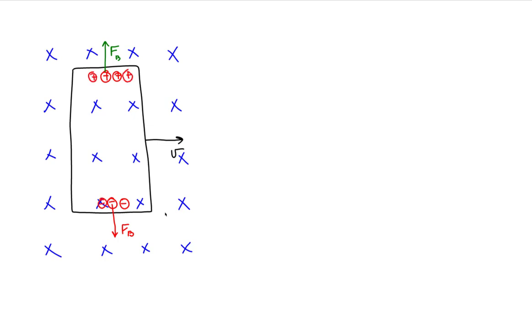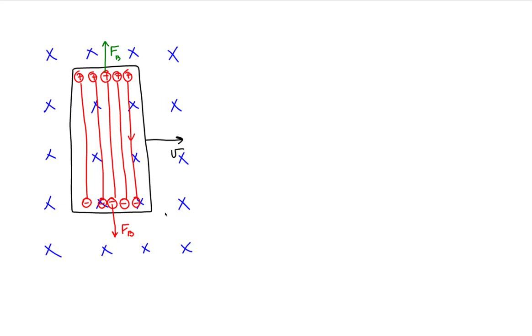The positive charges will accumulate on the top edge, while the negative charges will accumulate on the bottom edge. And at some point, these charges will reach equilibrium. And the reason why is because when these charges separate, there will then be an electric field. So the electric field will no longer be 0 in this conductor.